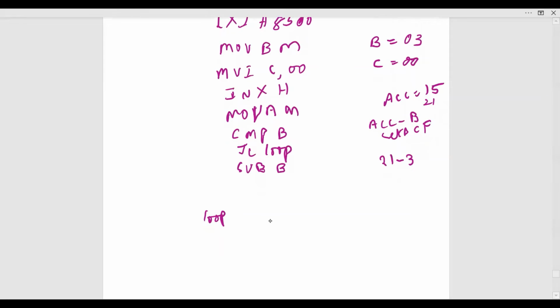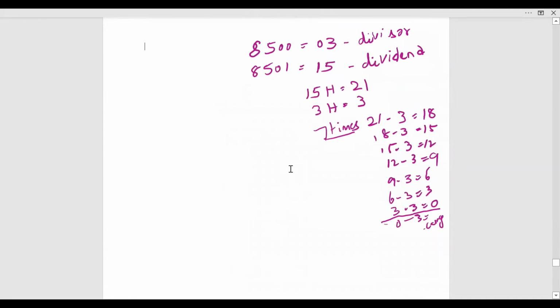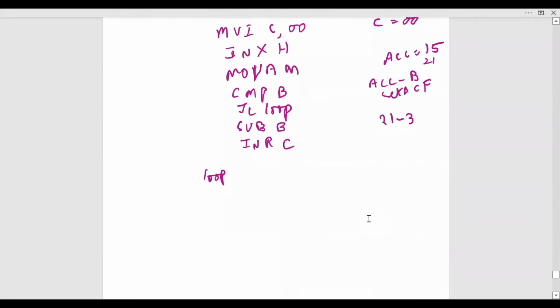Next, after performing the subtraction, increment C, because we are storing the quotient in C. How many times the subtraction takes place, that value must be stored in C. So for the first subtraction, it will be incremented to 1.